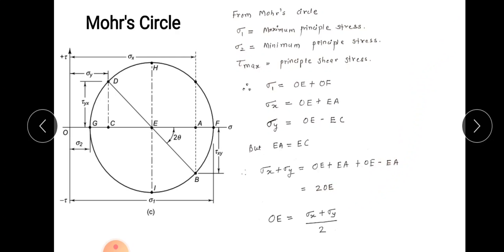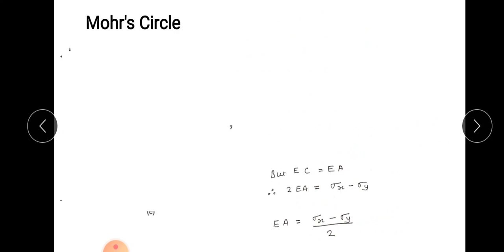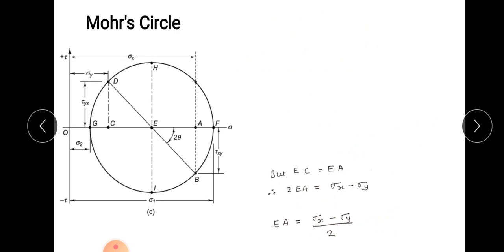From this you get OE, and for sigma 1 you need OE plus EF. So the first part I have derived: OE is nothing but sigma x plus sigma y upon 2. Now once you derive EF and add it to OE, you will get the equation for sigma 1. Very easy. Okay, so again here comes the Mohr circle.